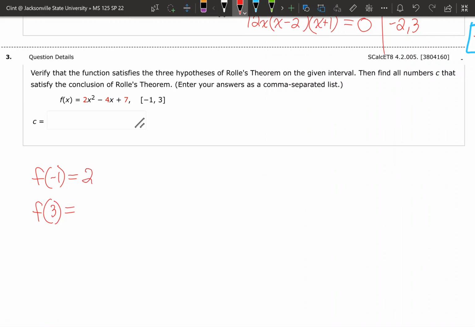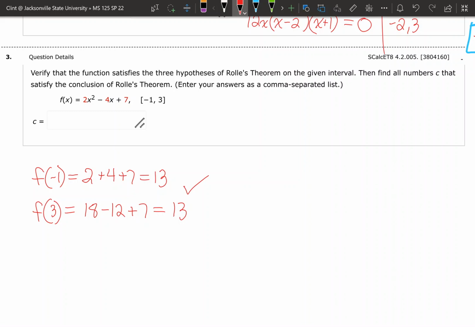So that's 2 plus 4 plus 7, so that's 13. And then f of 3, we get 18 minus 12 plus 7, so that's 13. Okay, so there's our third condition. The part we really want on this is to be able to find the C value.